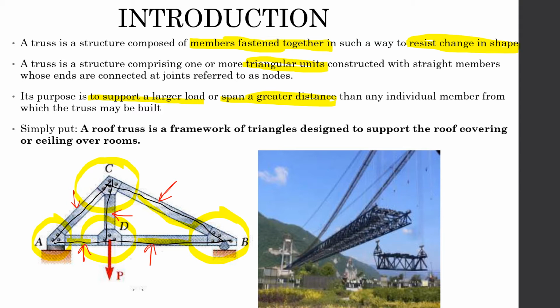So if there is an area which needs to be covered or connected, one point to the other like in a bridge, or a big space which needs to be covered, trusses are used because small members joined together are better in covering spaces than one single member, which will have less structural integrity as compared to a truss built out of these smaller members.